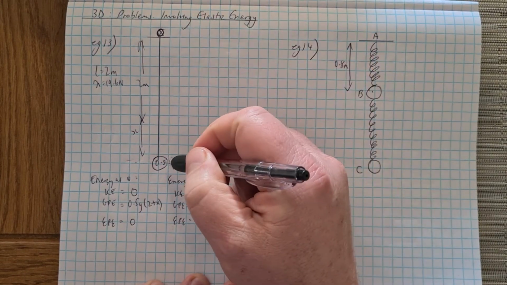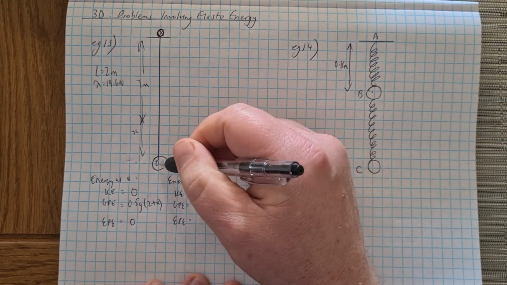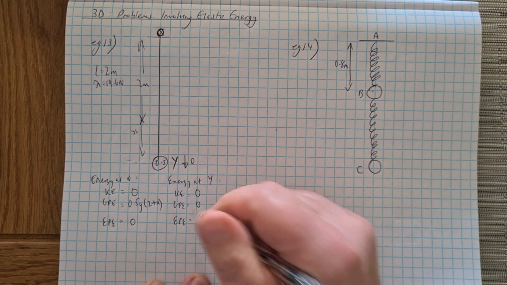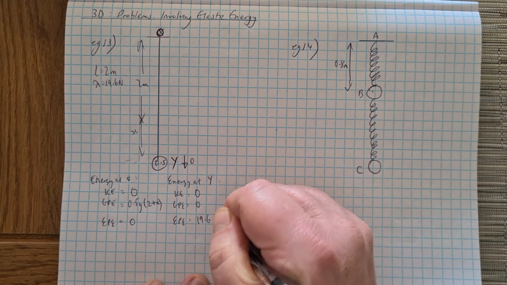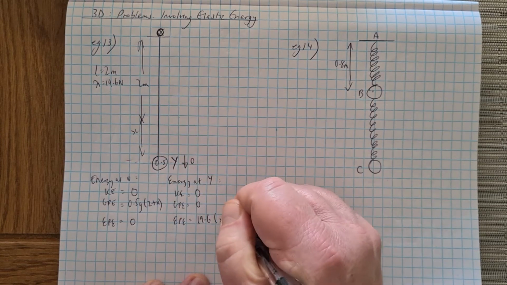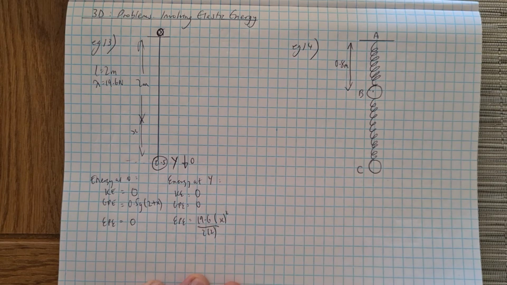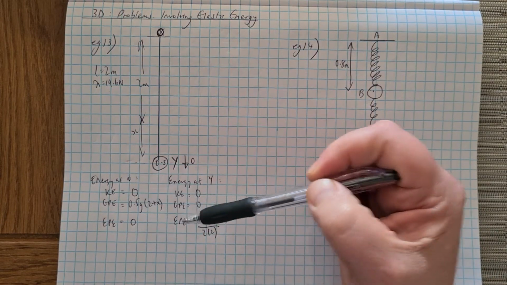Then if we consider all of the energies at Y, it momentarily stops, so kinetic energy is 0, gravitational potential energy is 0, and elastic potential energy is going to be lambda, which is 19.6, multiplied by x squared, divided by 2 lots of L, which is 4. In the book it says the gravitational potential energy lost equals the energy gained.